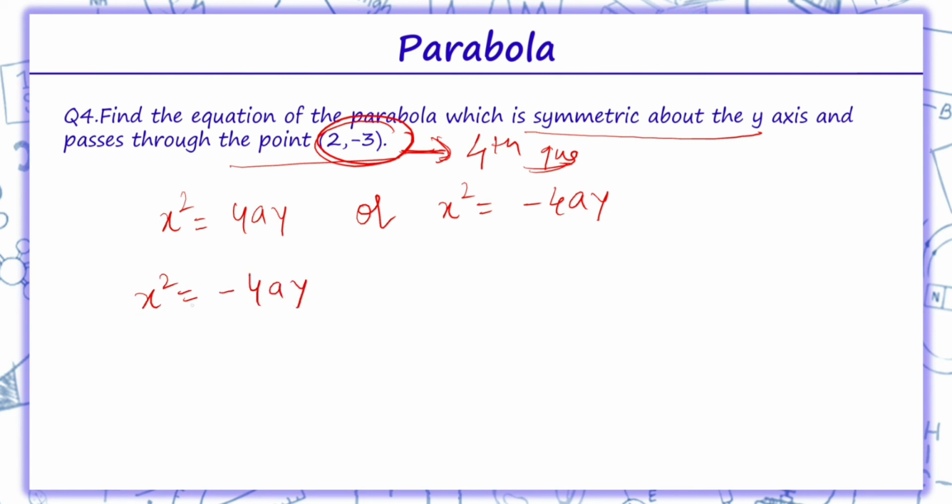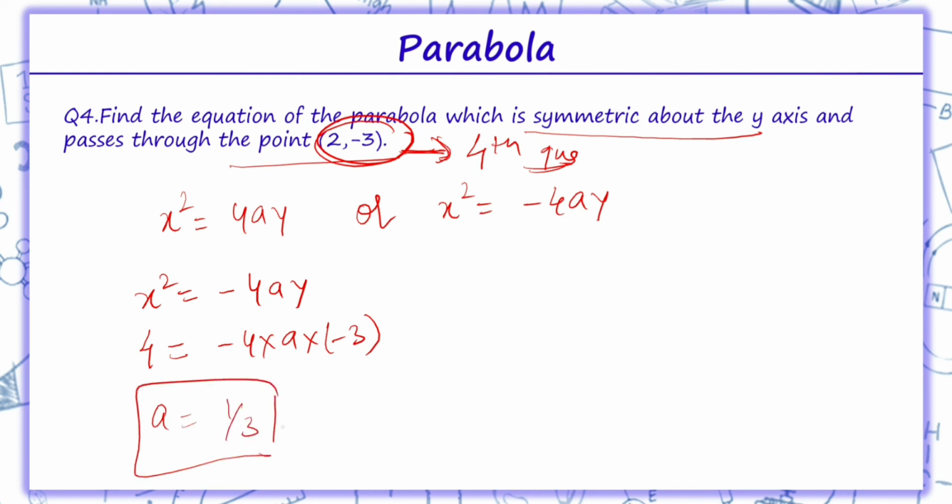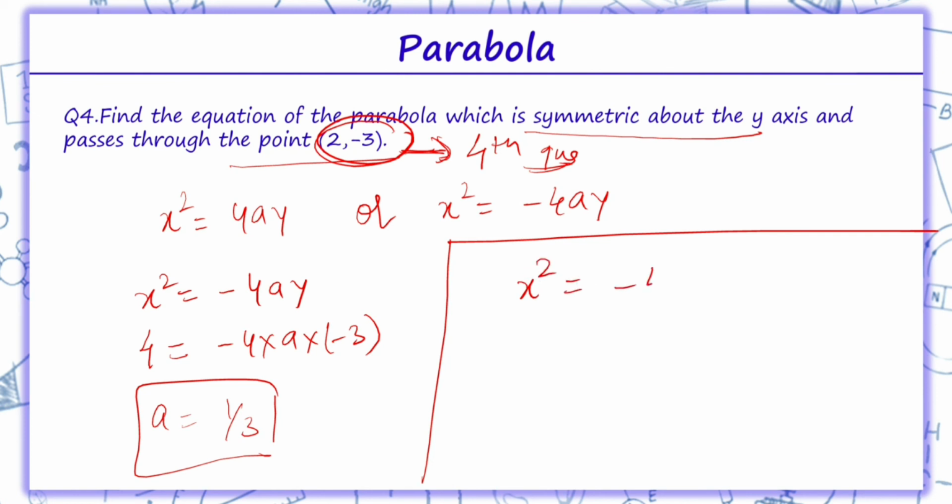Substituting the values of x and y over here, in place of x we write 2, 2 square is 4, equals -4 into a into y, which is -3. So the value of a will come out to be 1/3. Thus the equation of parabola will be x square equal -4ay, so 3x square equal -4y.